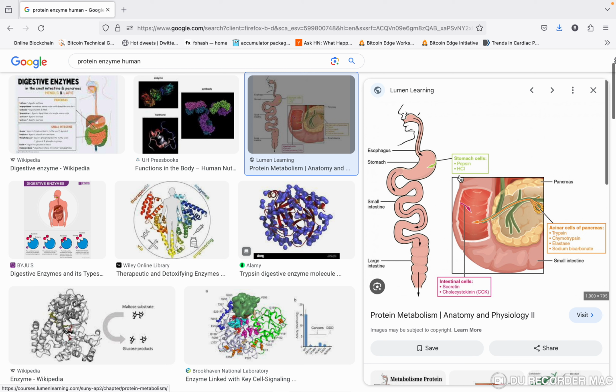In the stomach there is pepsin and HCl. In the small intestine there are cells secreting chymotrypsin. From the pancreas trypsin is secreted. Trypsin, sodium bicarbonate. Okay.